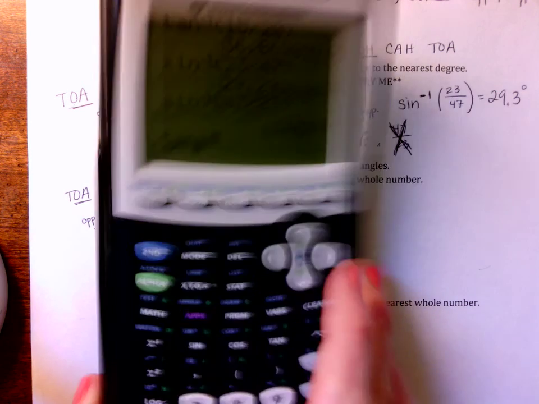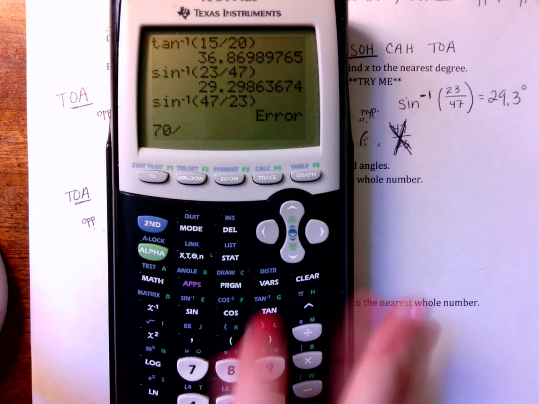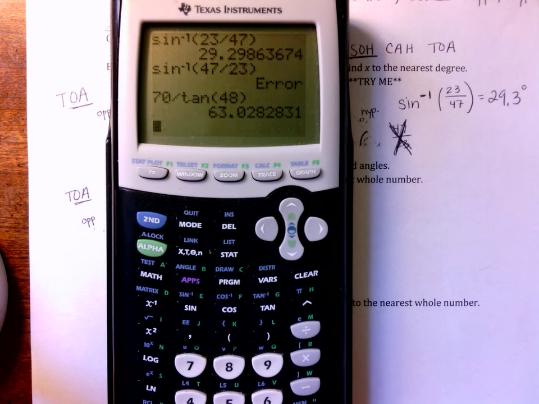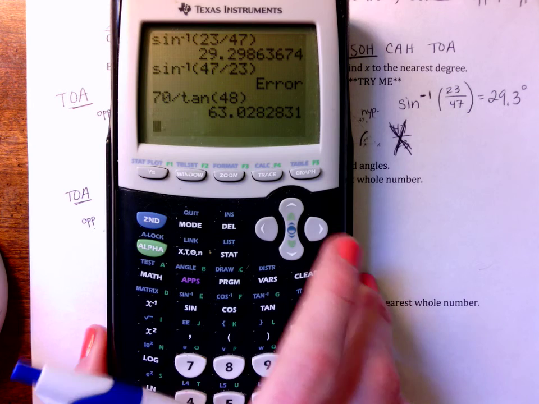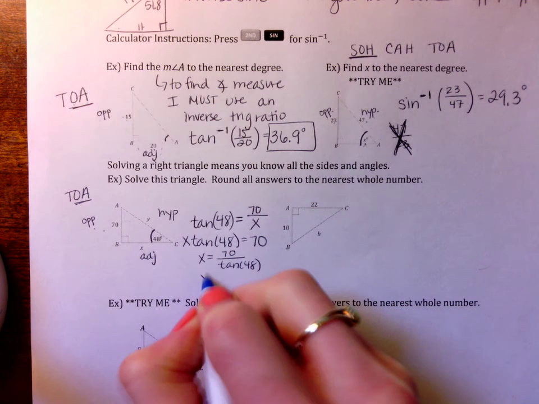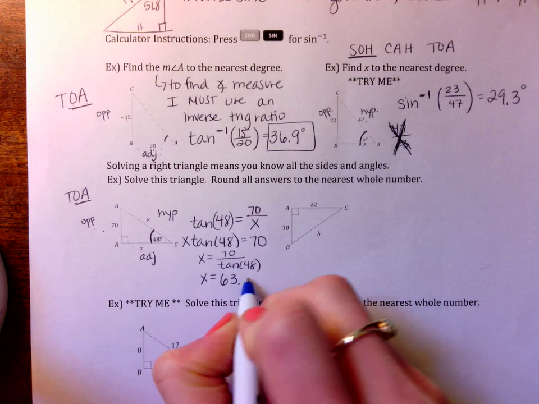Tangent, 70 divided by tangent of 48, equals 63. That's not right? Yes, that's about right. There's a big triangle, 70 over here. So x equals 63.0.